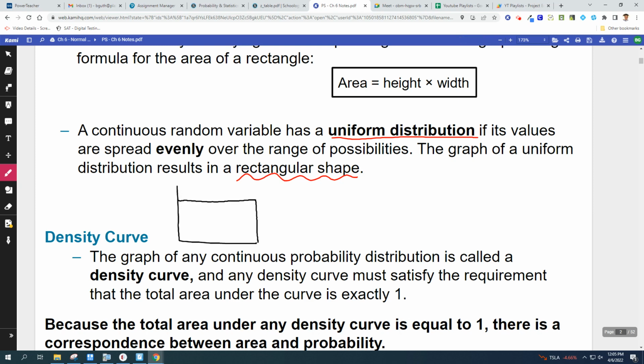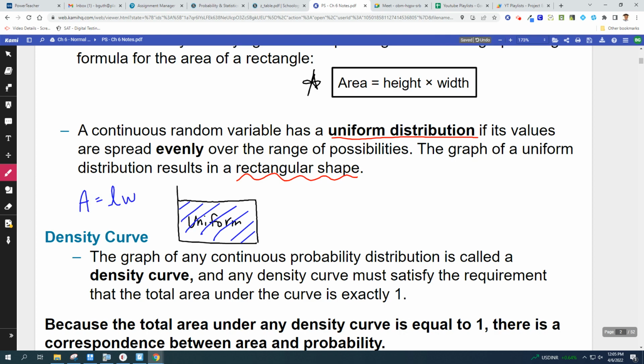That's going to be a uniform distribution, a rectangle, different than normal. But we know the area of a rectangle is height times width. And so when we're talking about the area of the curve, it's just the area of that rectangle. And so remember, area equals length times width. It's the same thing. That's how you're going to find the area under a uniform distribution.